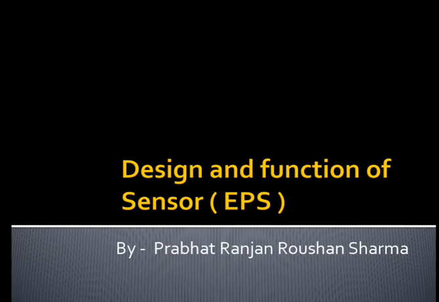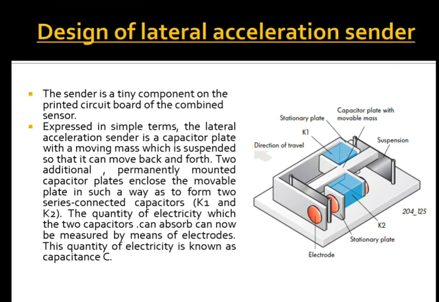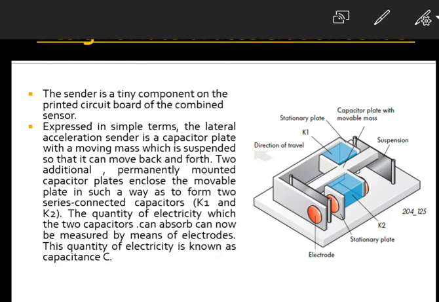Now let's come to our first slide, that is the design of the lateral acceleration sender. This sender is a tiny component on the printed circuit board of the combined sensor, that is, the combined yaw rate sender and lateral acceleration sender.